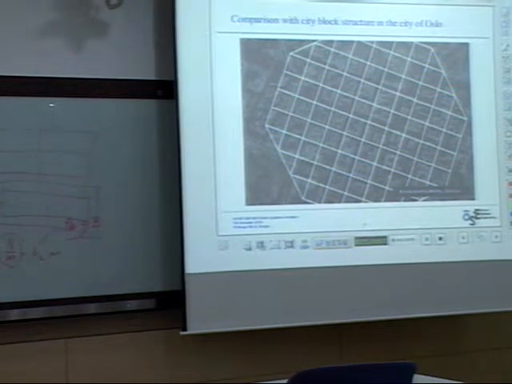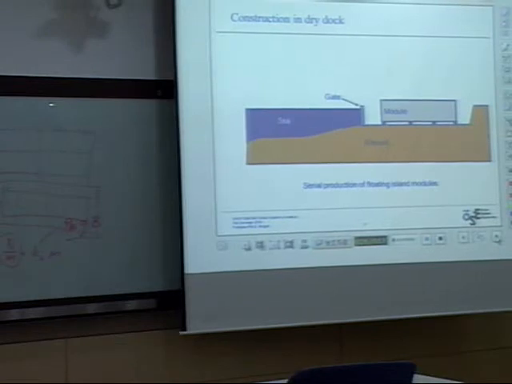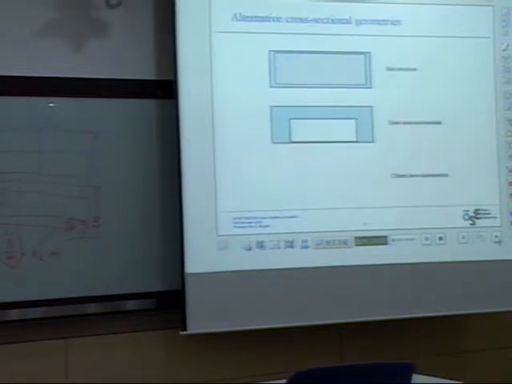Or you can also have walking sidewalks if you want to. So prefabricate in a dry dock, and when it's ready to float, you fill it, or you can have several modules in the dry dock, float them out, and then do the equipment. And of course, you can have modules with different functions, etc.